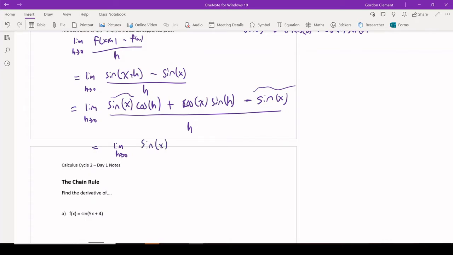So sine of x times cos of h, that's that first term, minus 1. There's my second term. So that's these two terms with the sine factored out. And I still have completely separately over here the cos of x times the sine of h. Can't do much with that.